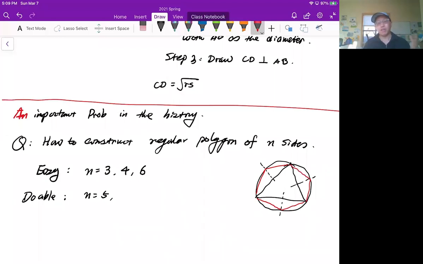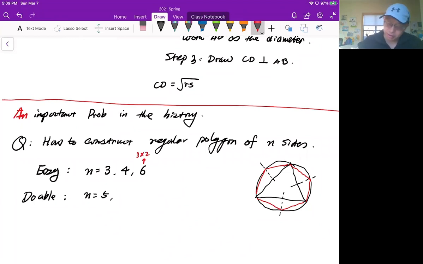So you can always multiply by 2. If you can do the regular polygon of 3 sides, you can do it for 6 sides, 12 sides, 24 sides, and so on. If a small number is constructible, then double it, you can still do it. So this is just 3 times 2.